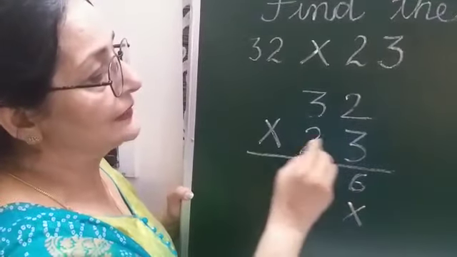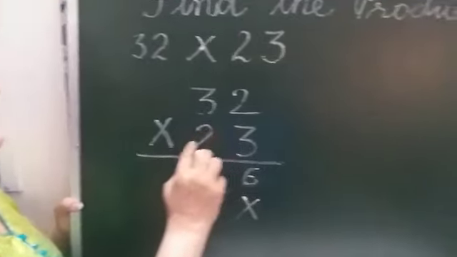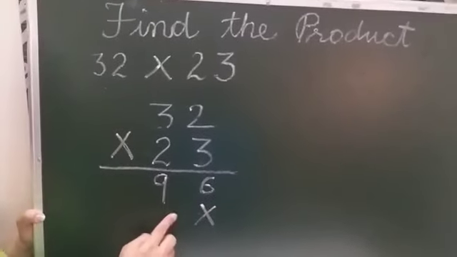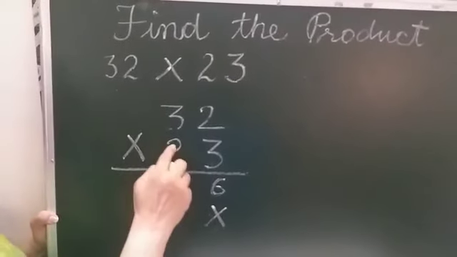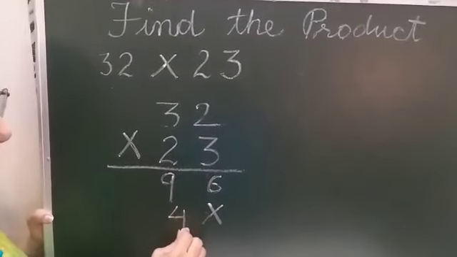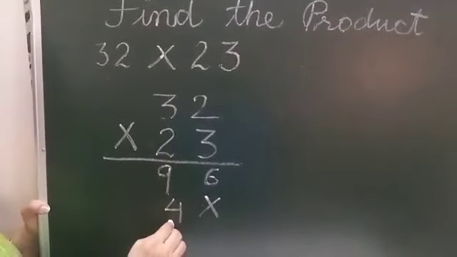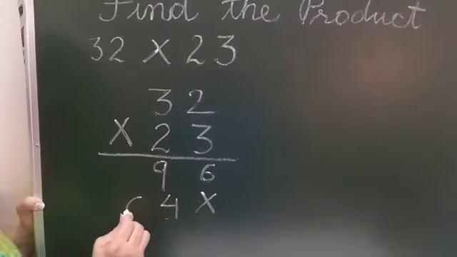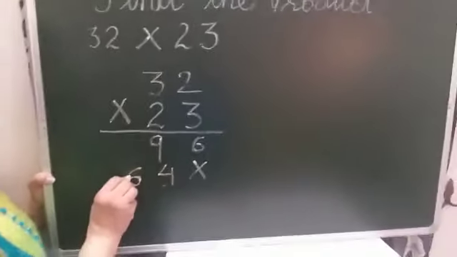Now it is the turn of this 2. In the second step, we have to write the answers on the next line. 2 2s are 4. So we write down 4 in the tens place. Then 2 3s are 6. 6 will go over to the hundreds place.